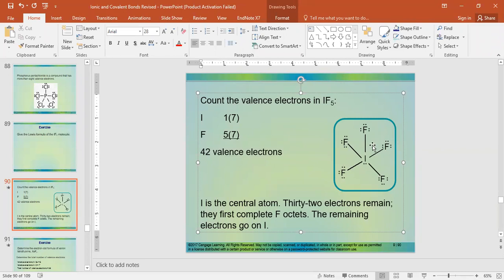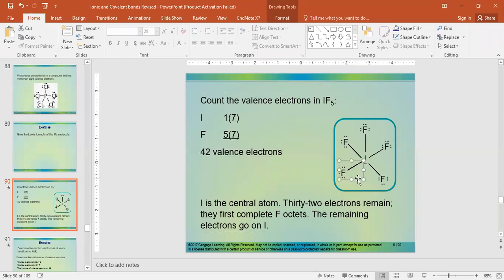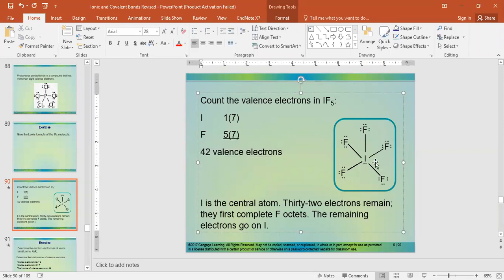So 30 plus the 10 will give you 40, but the total is 42. So the question is, where do we take the remaining 2 electrons? Those remaining 2 electrons are put where I am pointing here, so that this iodine has a total of 12 electrons surrounding it. So again, this is an example where the number of electrons surrounding the central atom is more than the required 8.